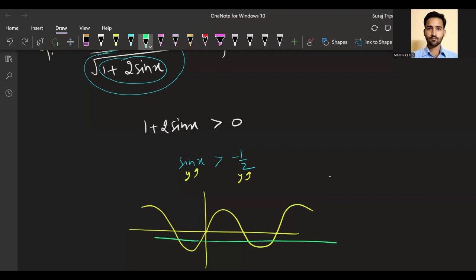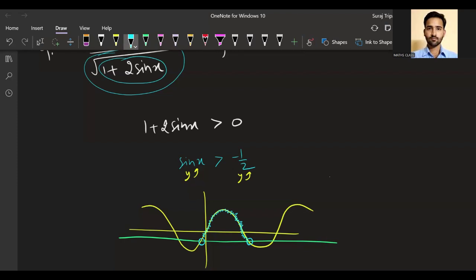The question is saying that sin x should be greater than minus half. But minus half is not included, so not including this point. From this point to all the above region, this region, this curve is our solution.